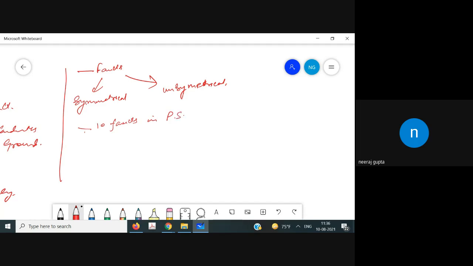And if you see the symmetrical fault, let us suppose that we have a transmission line, and we have a circuit breaker here in the transmission line, and then we have the ground and earthing switch.